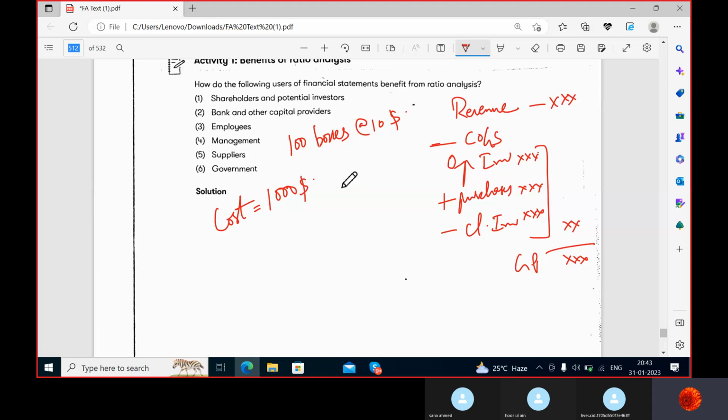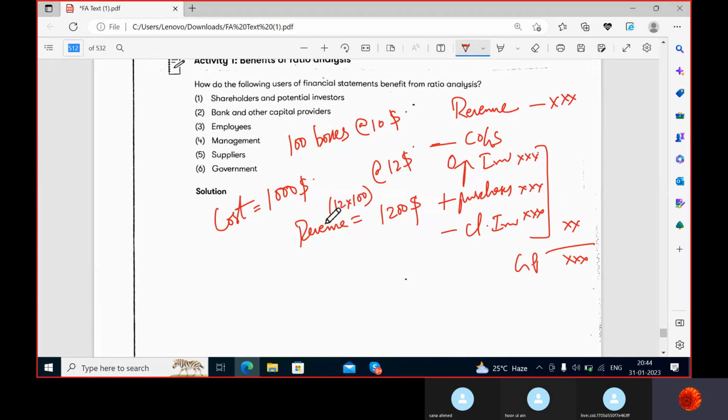Now I'm selling these boxes at the rate of $12. So if I sell 100 boxes at the rate of $12, my revenue is how much? Revenue is $1,200, correct? How did I get that revenue? 12 into 100. One box I'm selling at $12 and I'm selling 100 boxes.